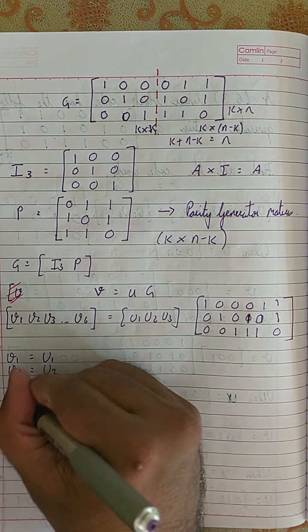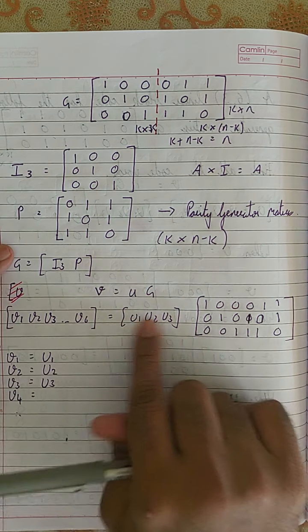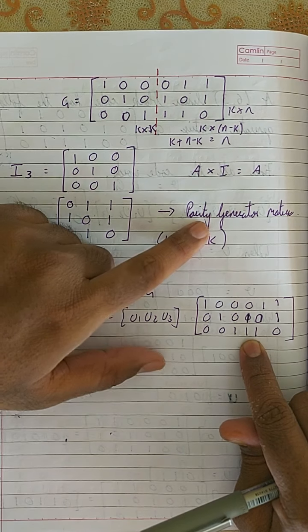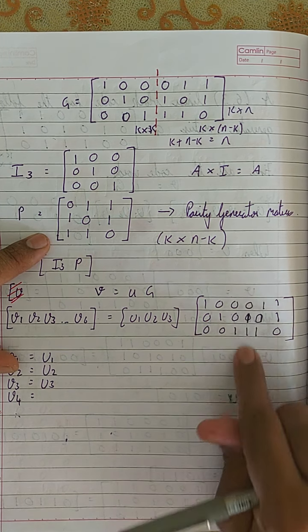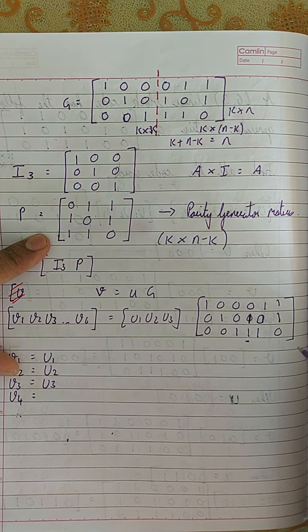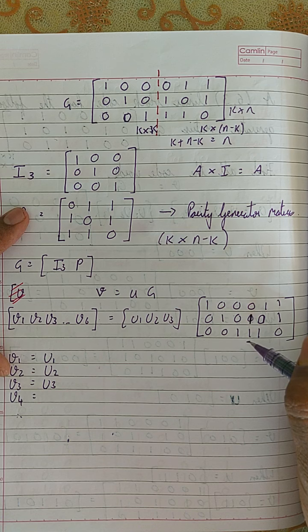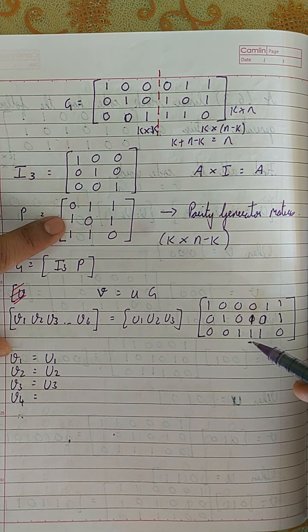And then how do you find the value of V4? We find the value of V4 by multiplying this row with the first column of the parity generator matrix. This is the fourth column of the generator matrix, or the first column of the parity generator matrix: 0, 1, 1.